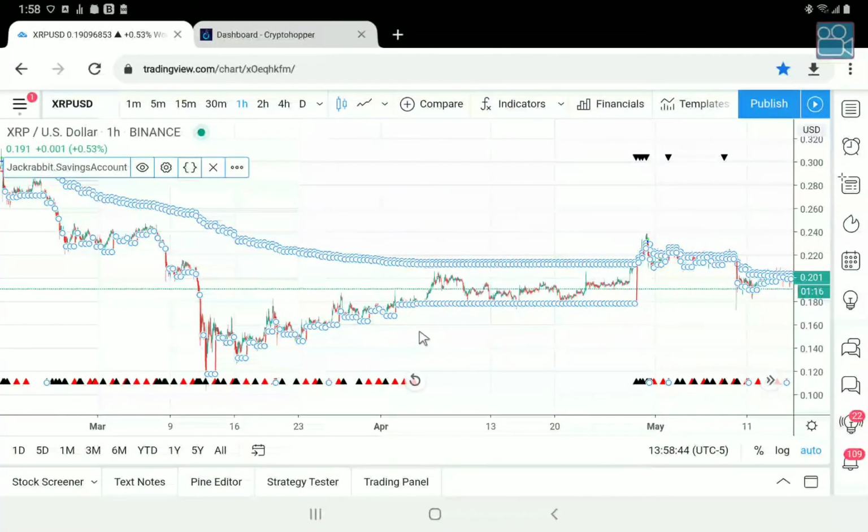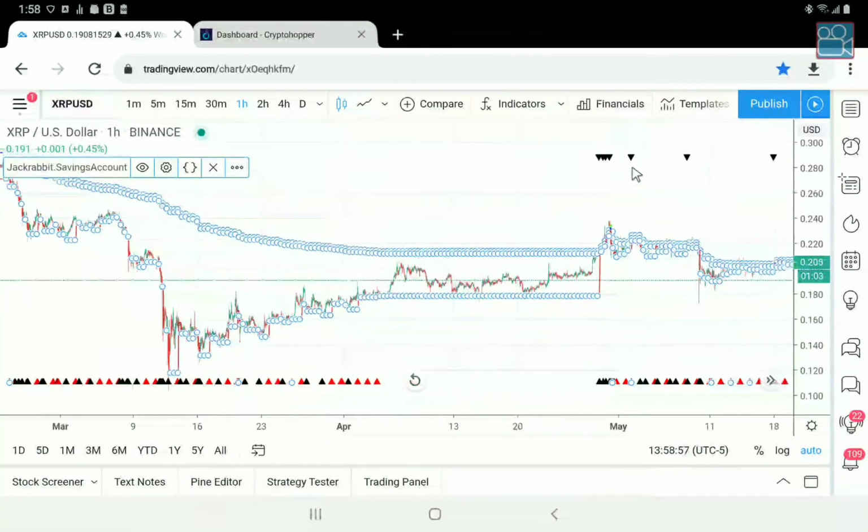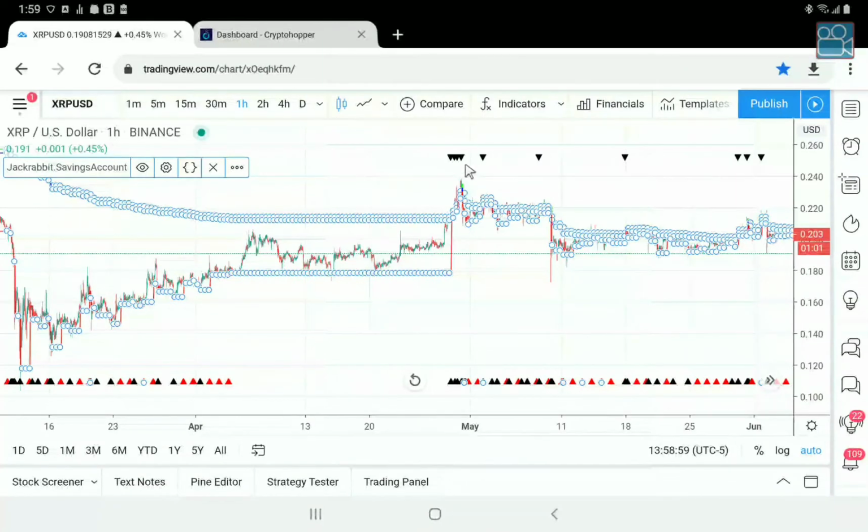And had TradingView had the time frequency here, it might have cleared off quicker. But as you can see, it still did. And since then, it's made a lot of profits since.